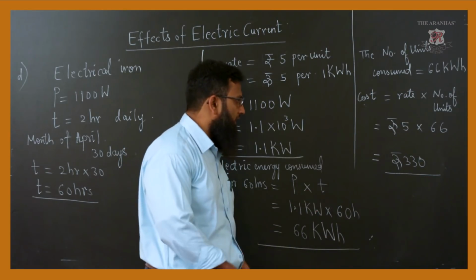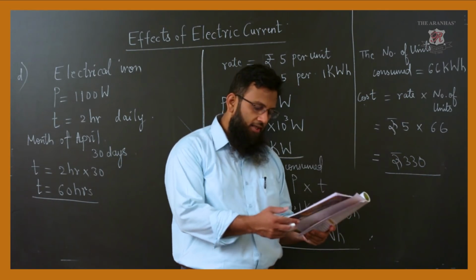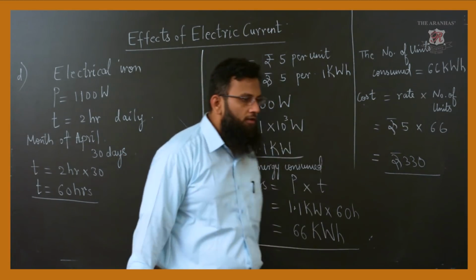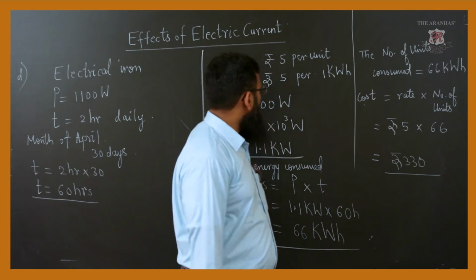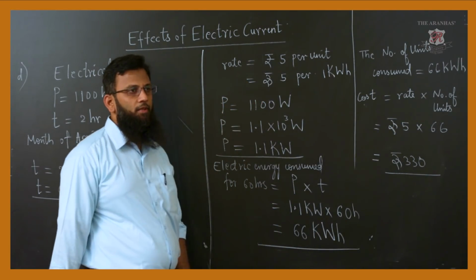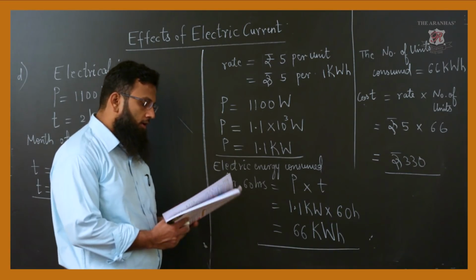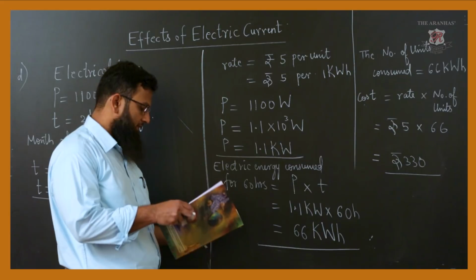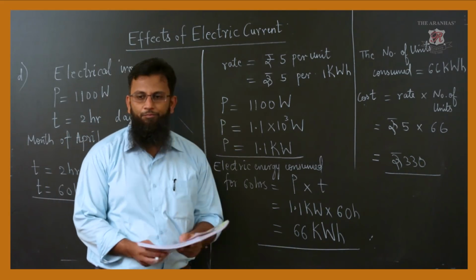Let us cross check it with the answer, and their answer is also given rupees 330. So this is the way one can easily solve the numericals based on calculating the electricity bill. So whatever unsolved numericals were there in the exercise that we have covered.